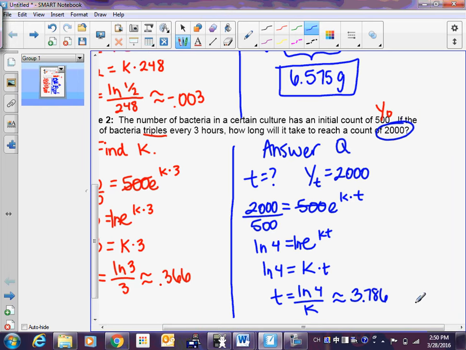Okay, I'm getting 3.786. What are the units here? Same as they were before, hours.